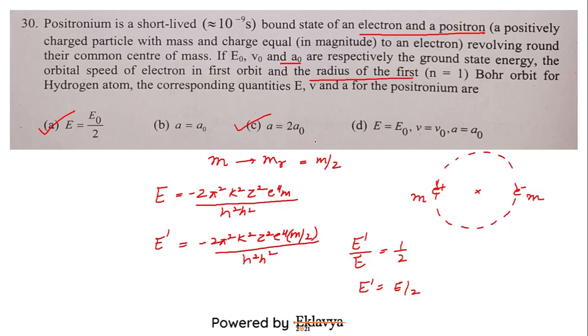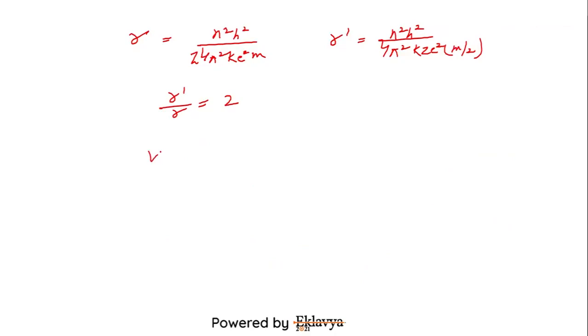Okay, and then v represents what? Speed of the electron. The expression for speed is, I'm sorry, 2 pi k Z e square by nh.